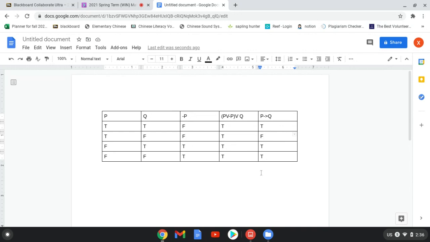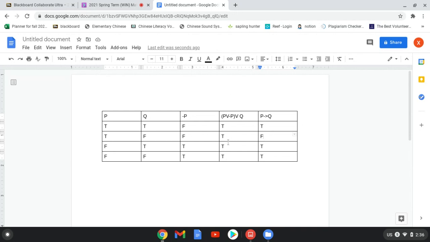Good. So then what is the question? The question is saying, those two: if P, then Q is logically equivalent to not P or Q. So you're missing not P or Q. So for this fourth column, you should do not P or Q. Can you change your fourth column?